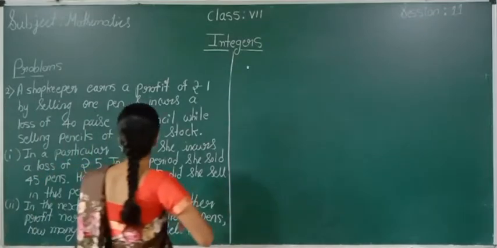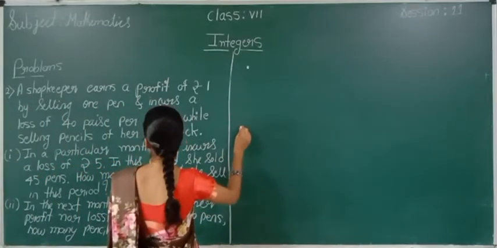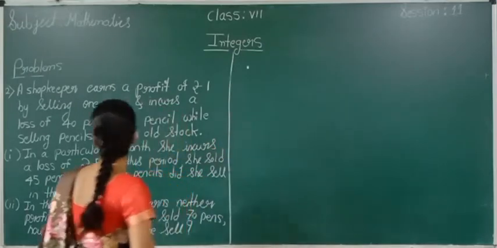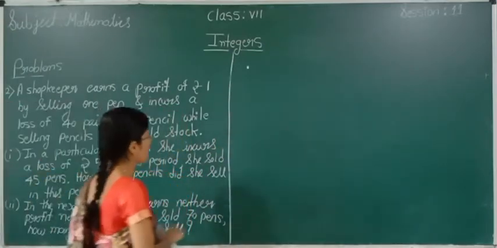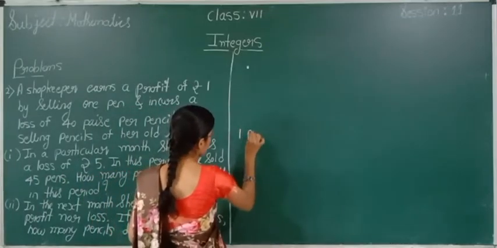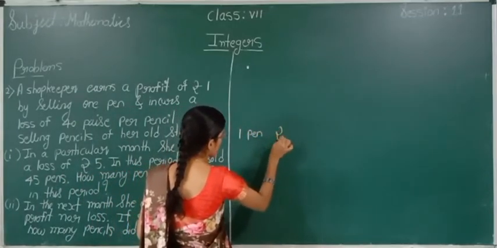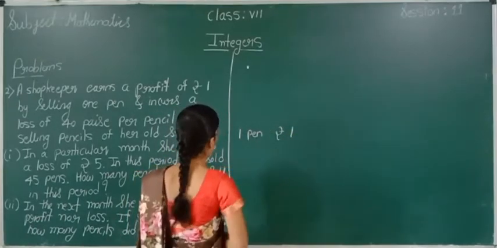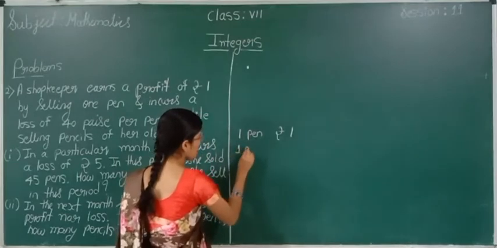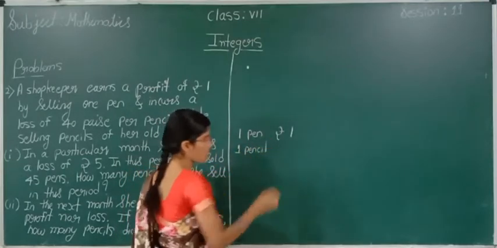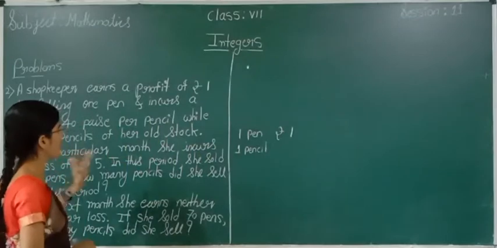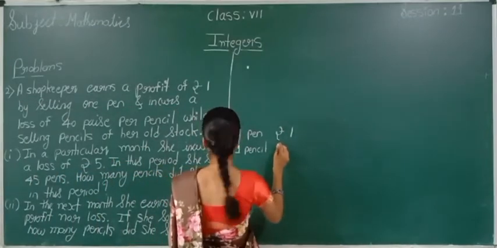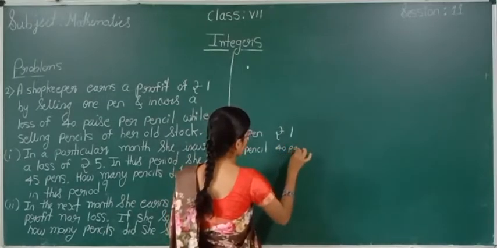See here, what they have given is, if a shopkeeper sells one pen, she gets a profit of rupees 1. If he sells one pencil, that is of old stock, he will incur a loss of 40 paise.